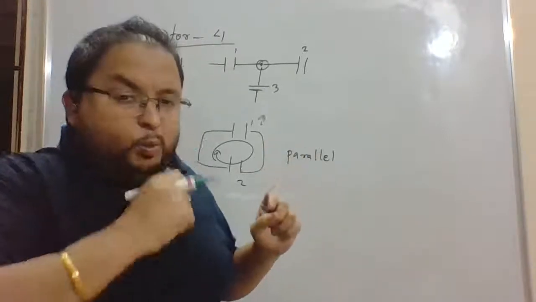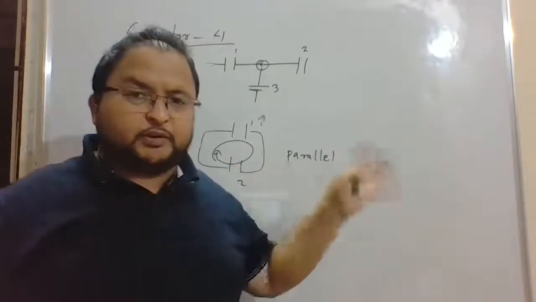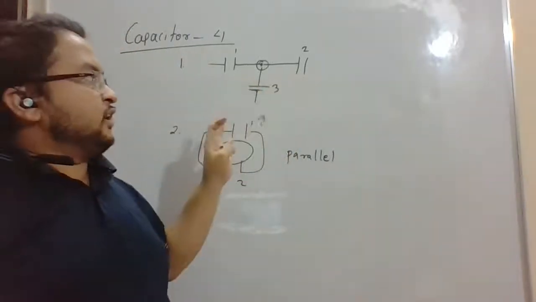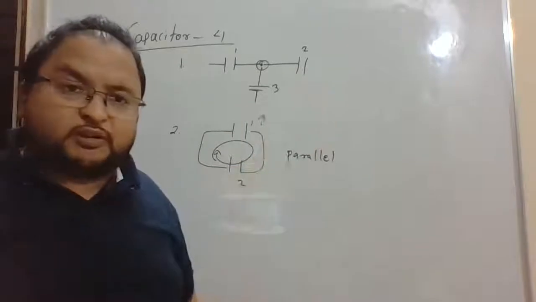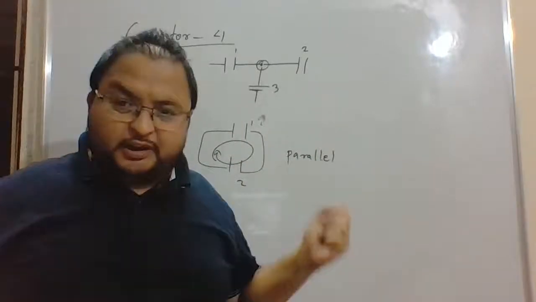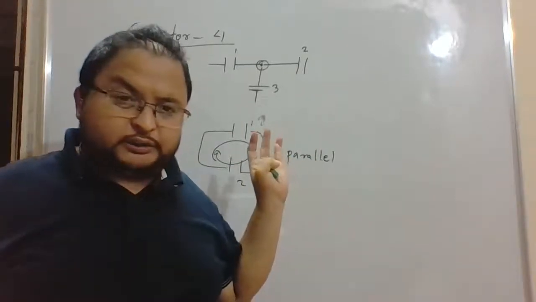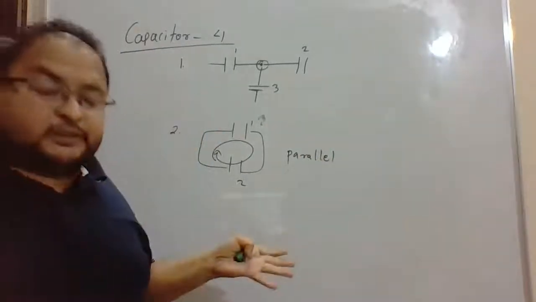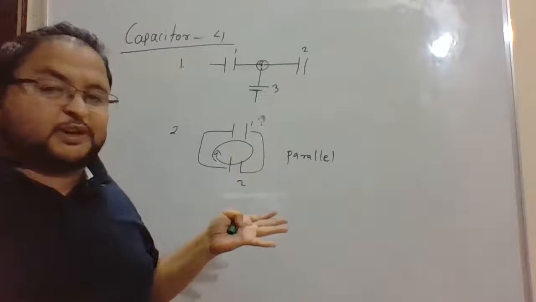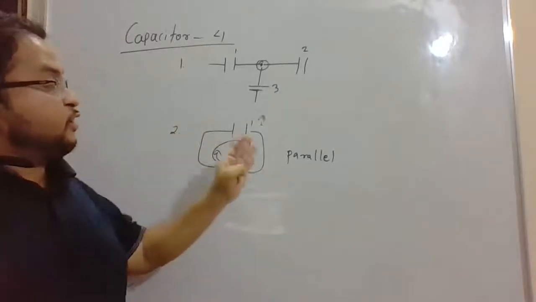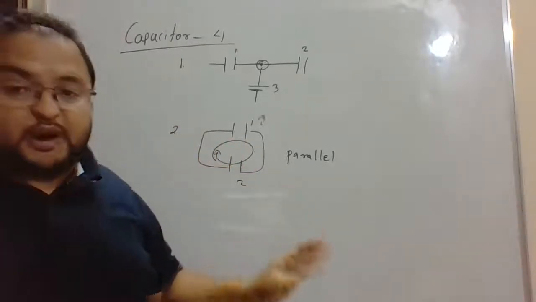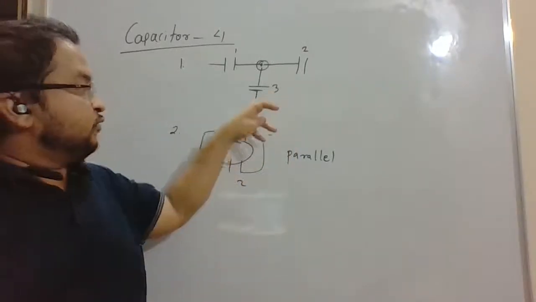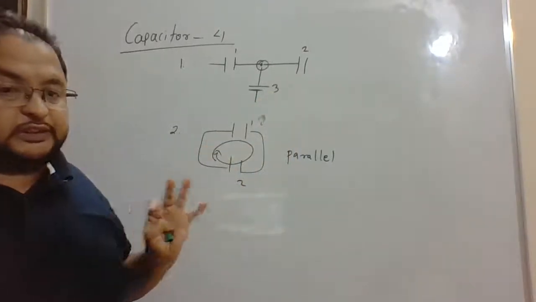The classical definition is that if two capacitors are connected such that the charge across their plates is the same, they are in series. And when the potential difference across the ends of the capacitors is the same, they are in parallel. Practically, we would use these two definitions.